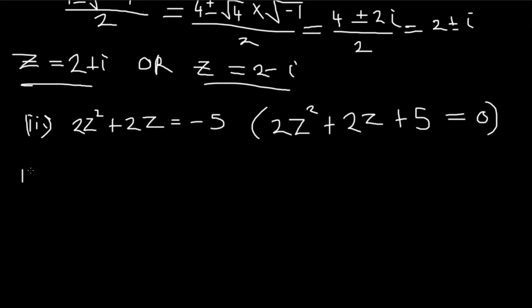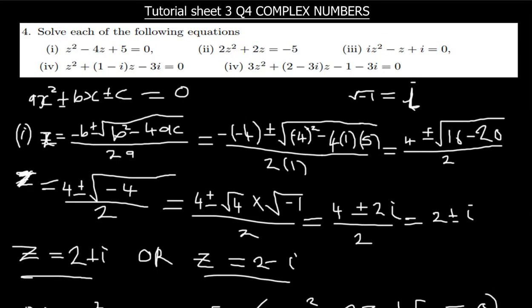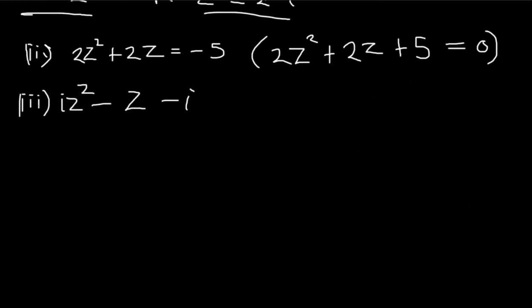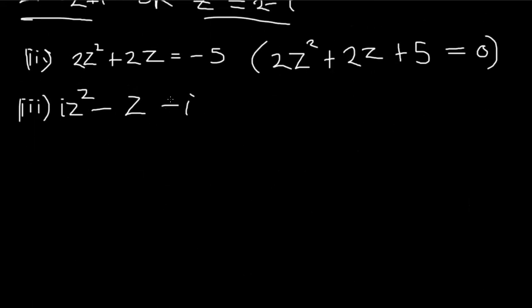So 3 is saying, i z squared minus z, let me just confirm, plus, there is a plus somewhere, okay, there's a plus here, is equal to 0.